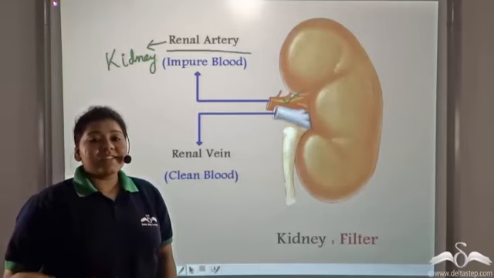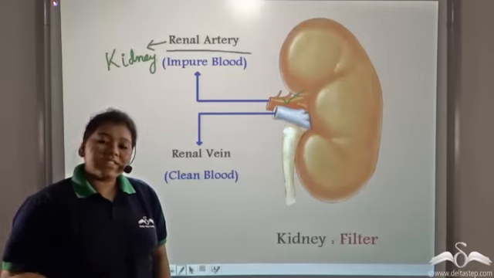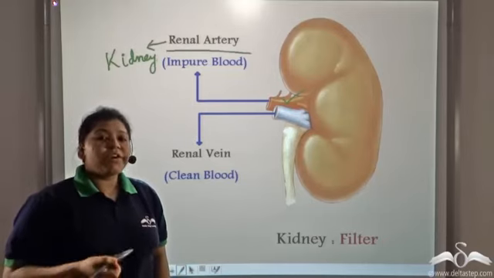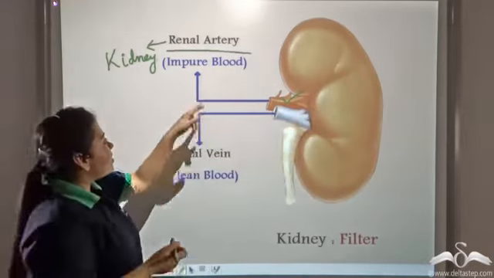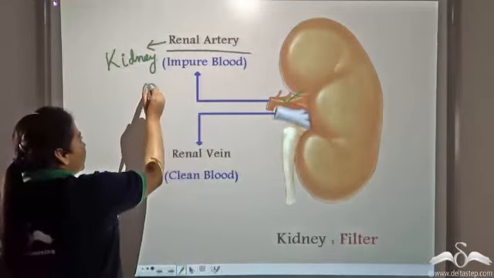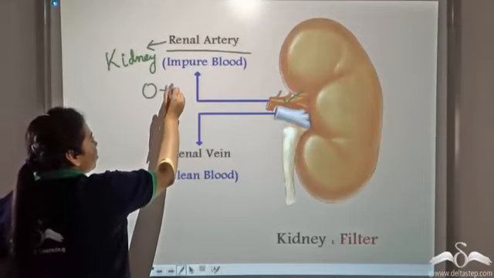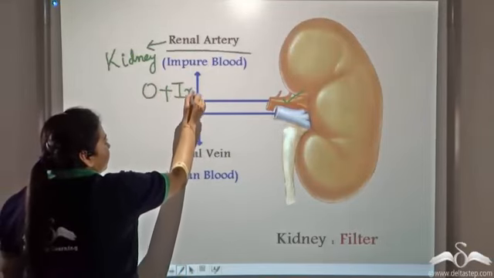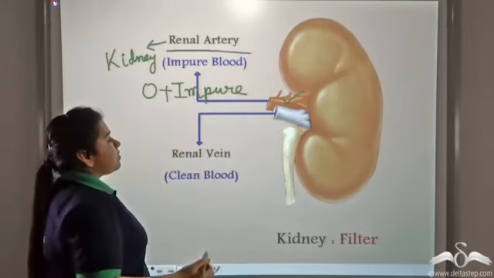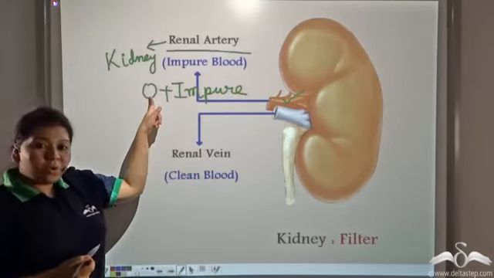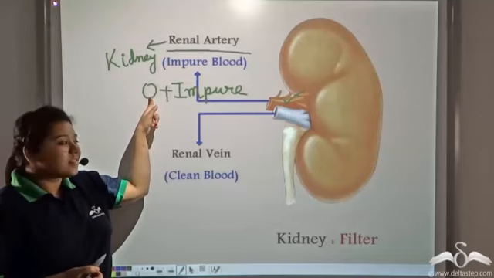The renal artery is carrying oxygenated but impure blood from the heart to the kidney. So it is carrying oxygenated and impure blood. I have used O for oxygenated.